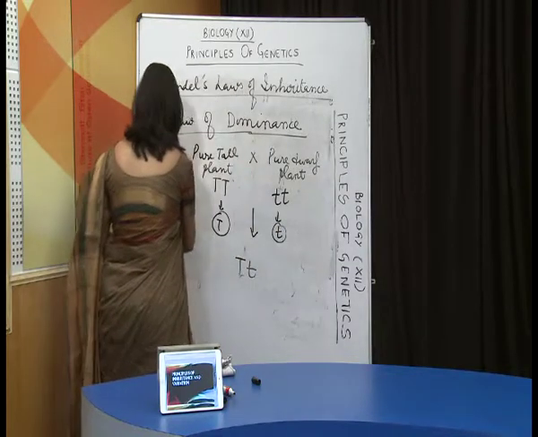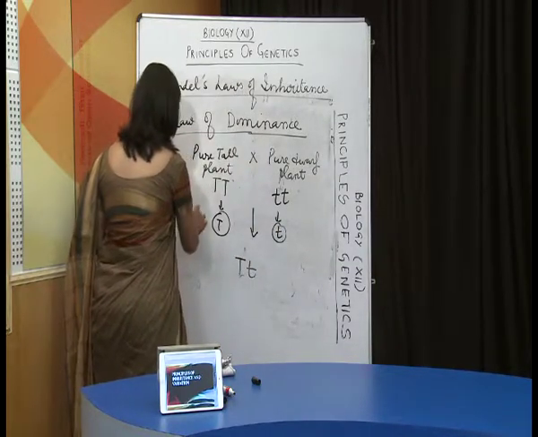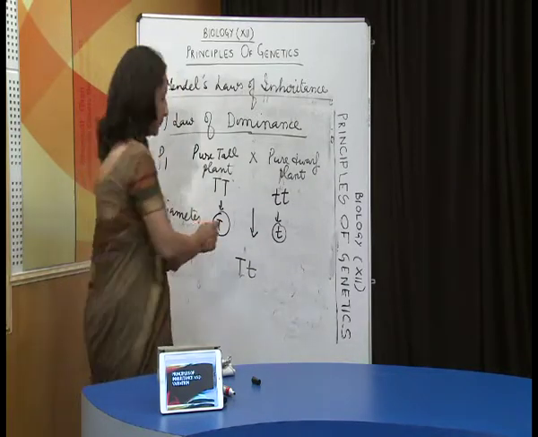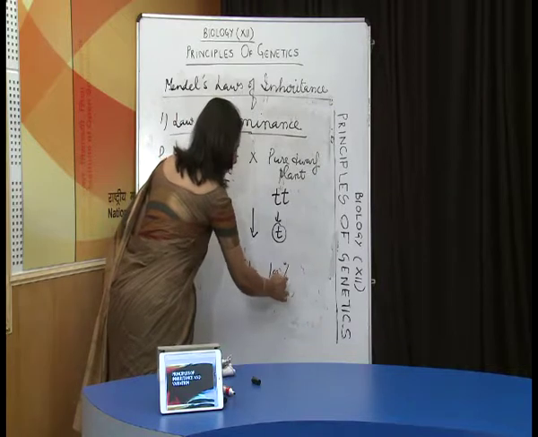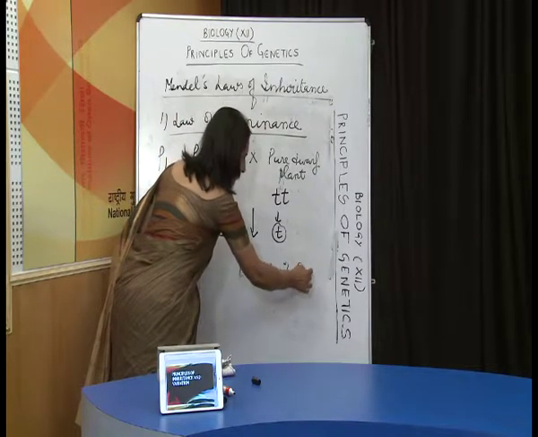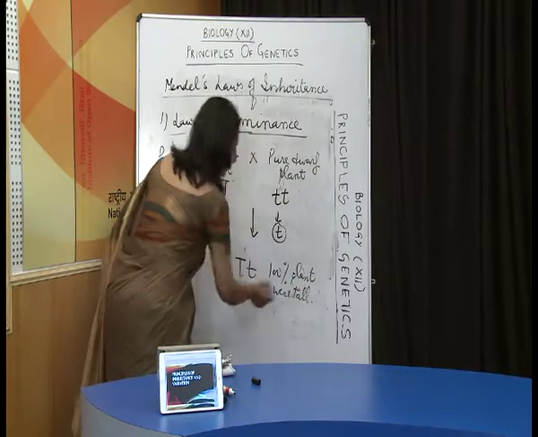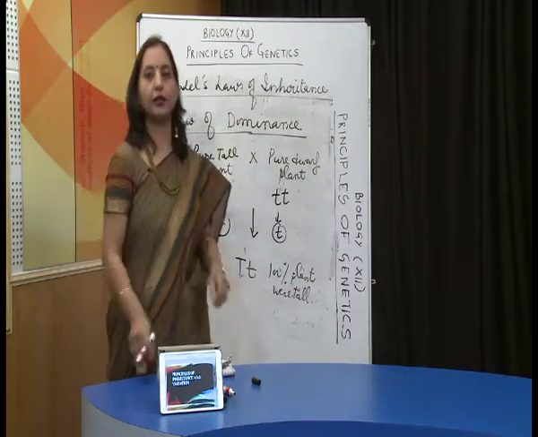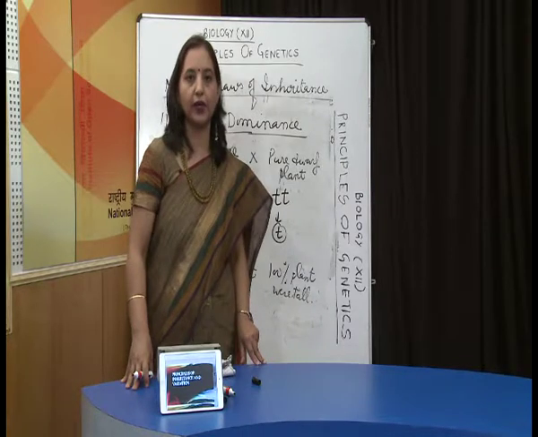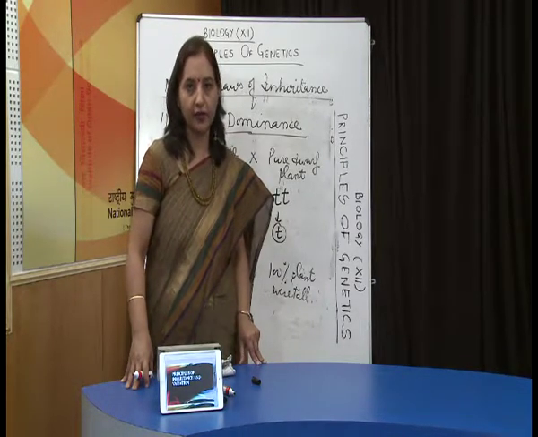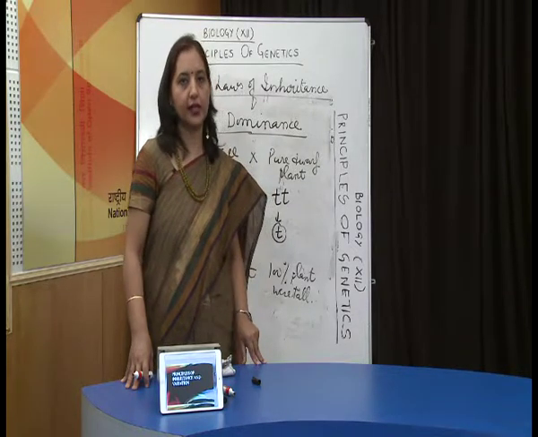Small t here, these are gametes, and this is the first generation, wherein 100% plants were found to be tall. This showed that the character of tallness is dominating over the character of shortness or dwarfness. This is what is called the law of dominance.